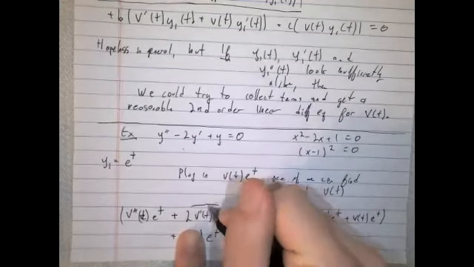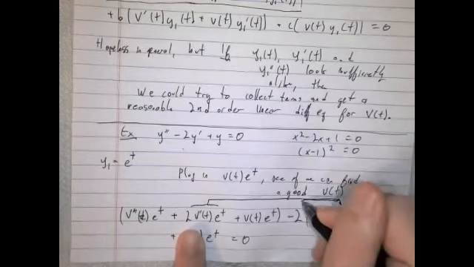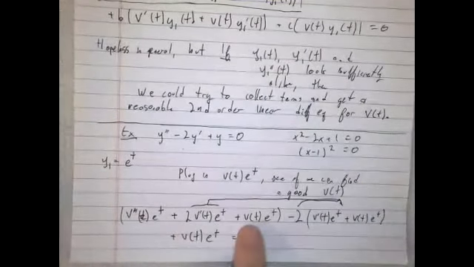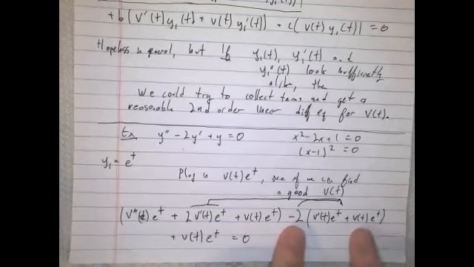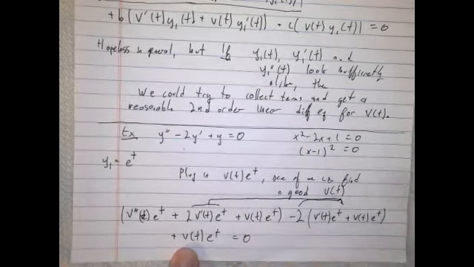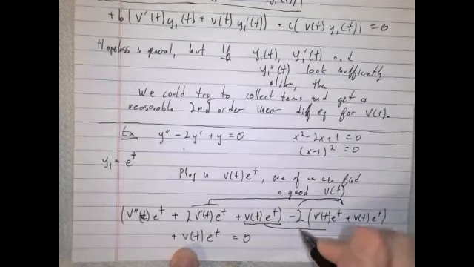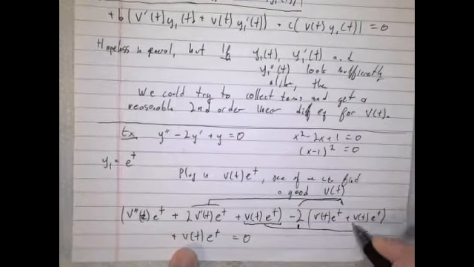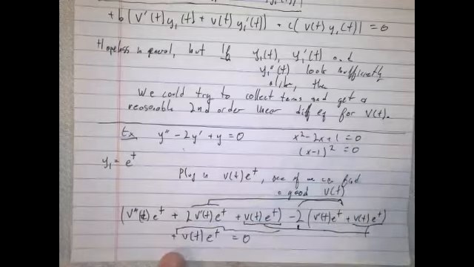So this will cancel with this. Over here, I've got one copy of v of t e to the t. Over here, I've got negative 2 copies of it. And over here, I've got another copy. So these 3 terms will cancel. All of these will cancel.